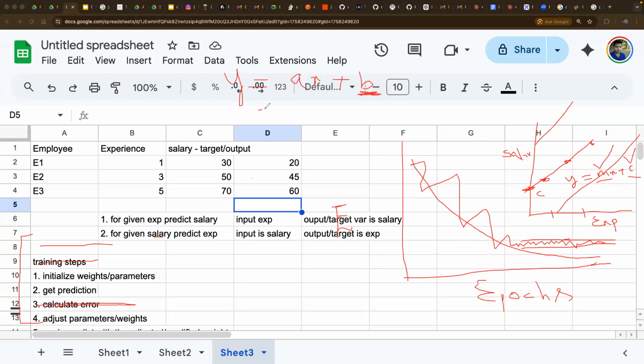And if you have multiple inputs, then ax1 plus bx2 plus c. This is another one. So you can assume any generic equation, and this A, B, C are the parameters here, are the weights. These are the things that we are trying to calculate now. Hope this is clear.